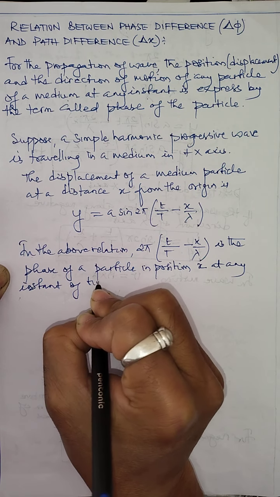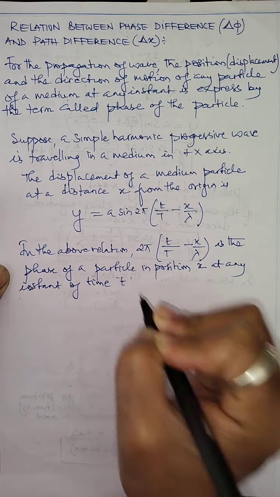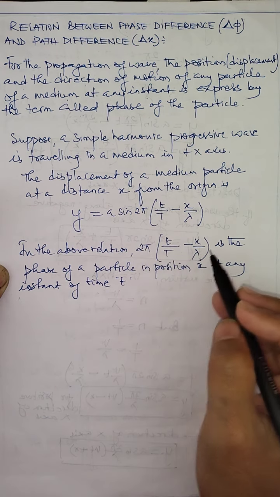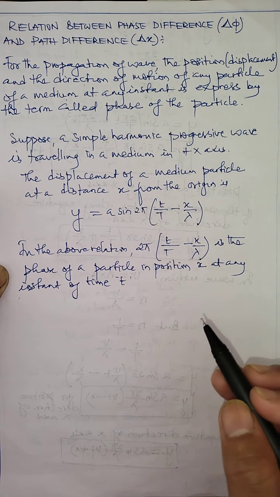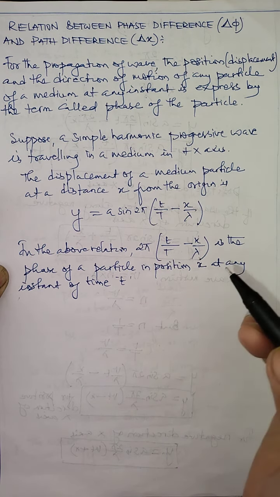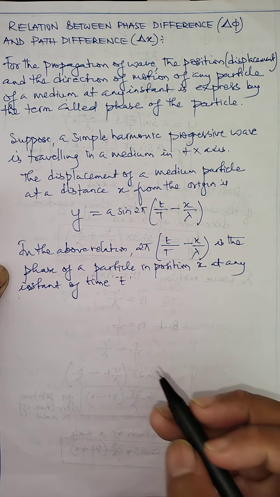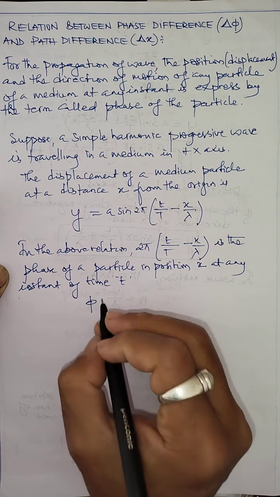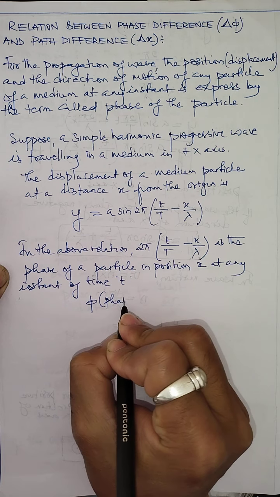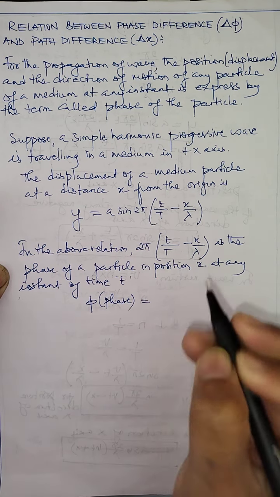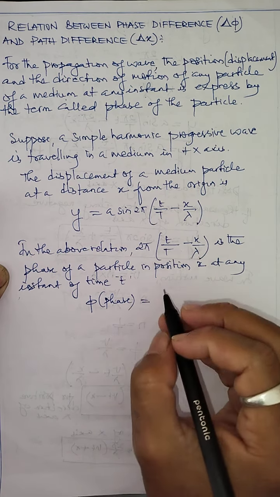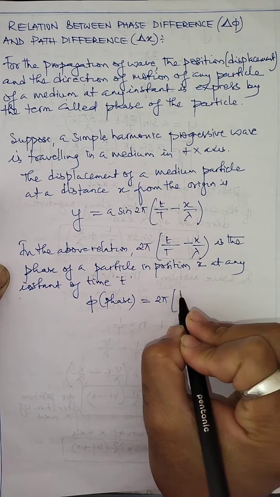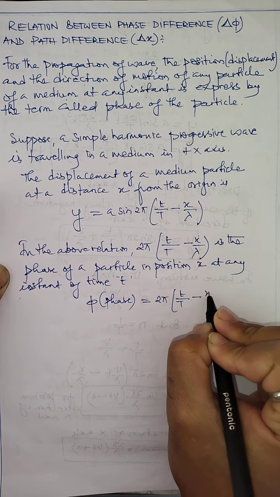And this phase, as I said, is always expressed and measured in terms of angle, and we mark it by the symbol phi. So the phase of a particle is given by phi equals 2 pi t by capital T minus x by lambda.